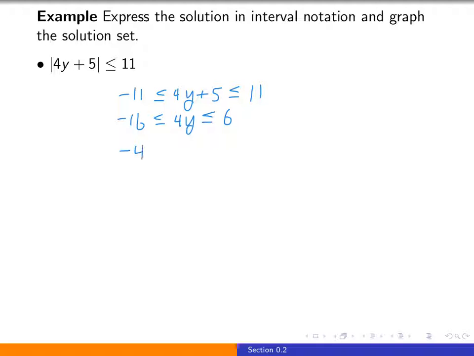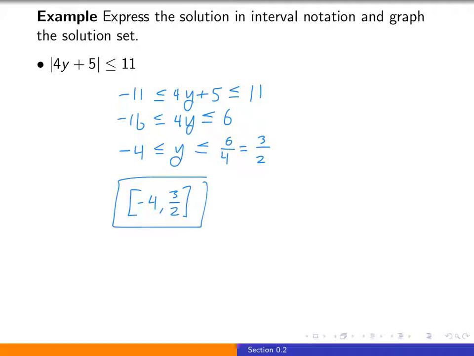So minus 4 is less than or equal to y is less than or equal to 6 over 4. And 6 over 4 simplifies nicely down to 3/2. So in terms of interval notation, we would have the closed interval going from minus 4 up to 3/2. A graphical representation: minus 4 to 3/2, both of those points are included, so we have closed circles.